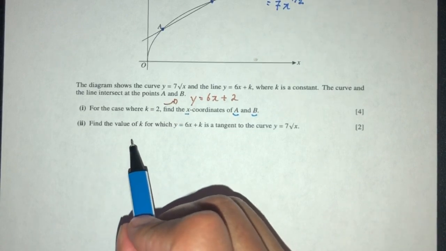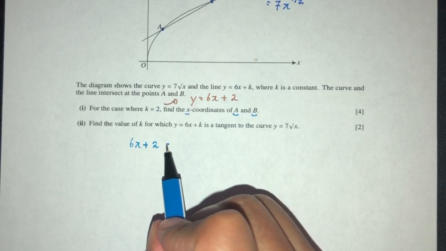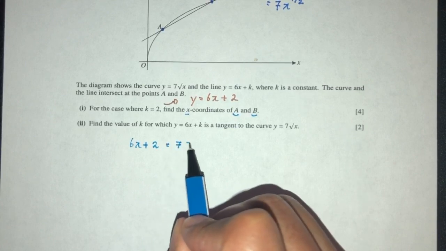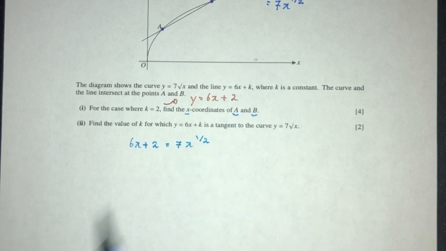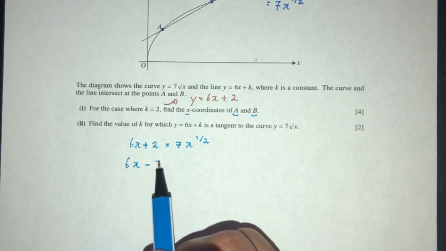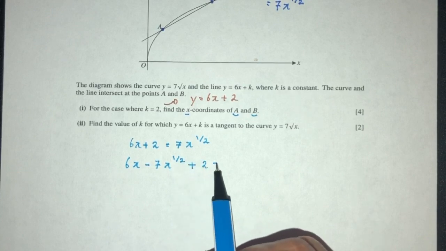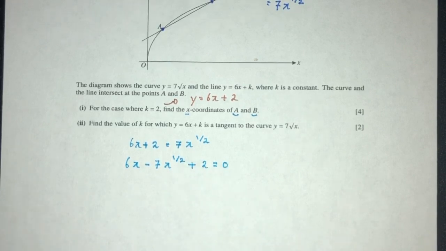So on one side you will have 6x plus 2 is equal to 7x power half. Send everything to one side, you will have what? 6x minus 7x power half plus 2 have to be 0. Now right now we do have a quadratic equations.